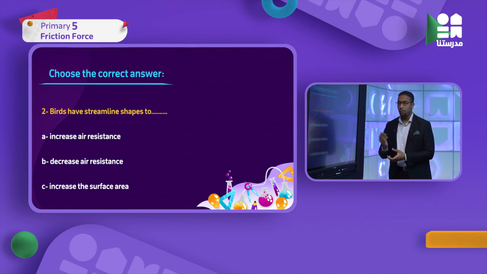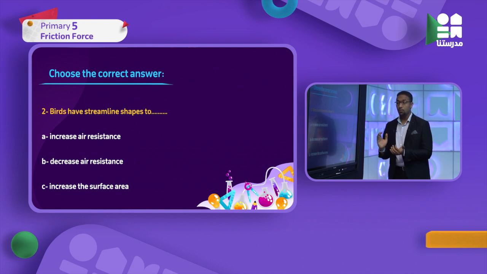Question number 2. Birds have streamlined shapes to do what? Increase air resistance, decrease air resistance, or increase the surface area.